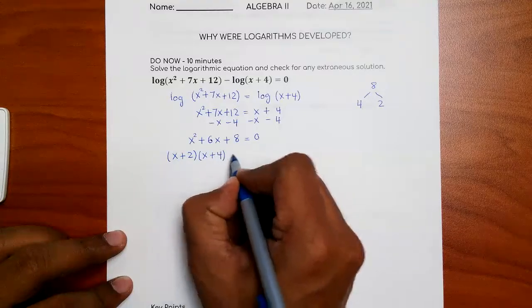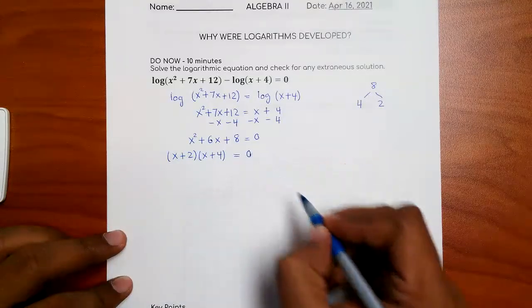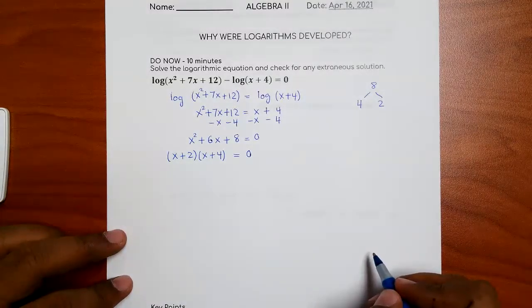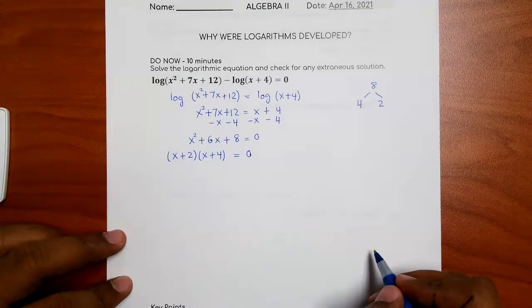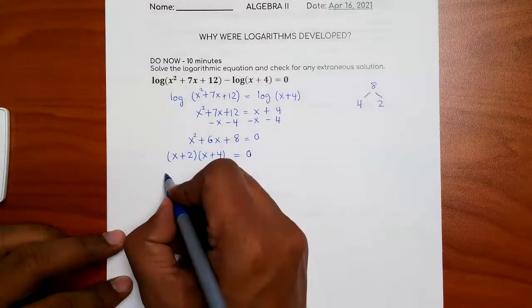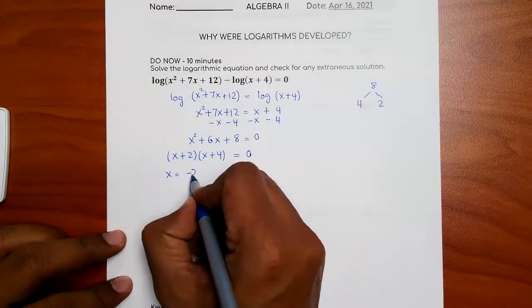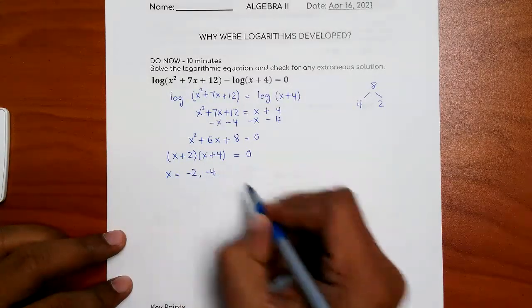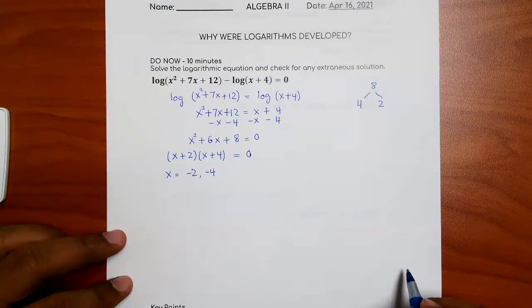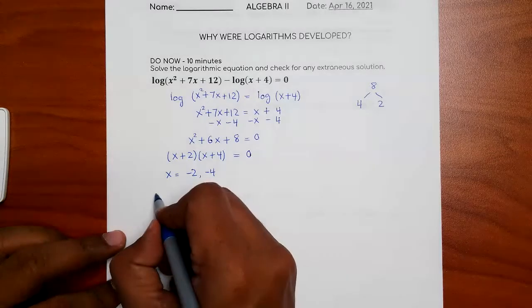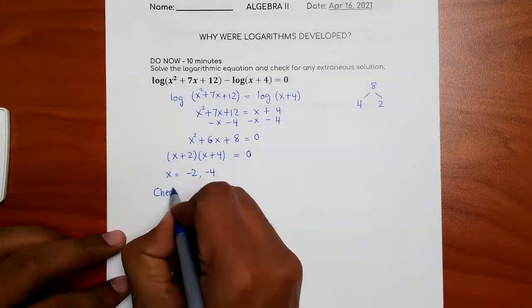Okay. So now, if the product is 0, that means any of these factors being 0 will make the entire polynomial 0. So x should be either negative 2 or negative 4. But before I finalize this solution, I should check if there is any extraneous solution.